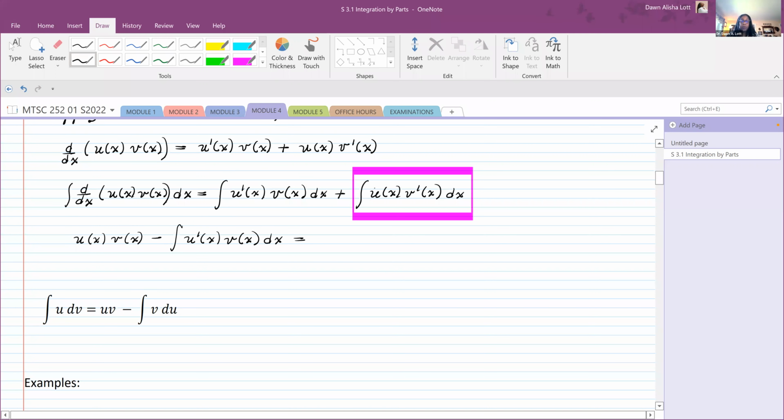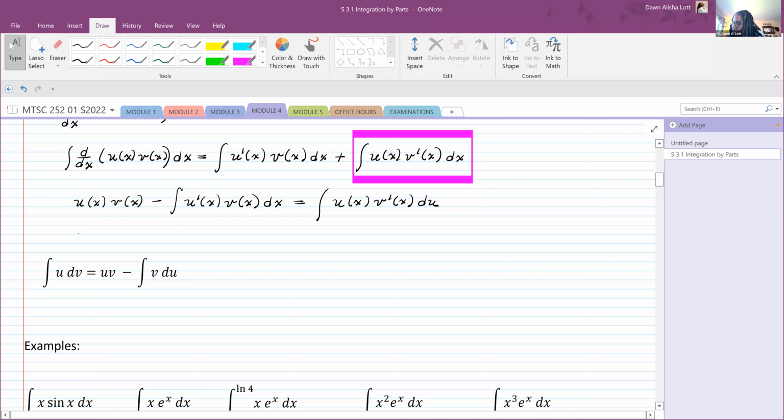And that is equal to what I have in my block, which is the integral of U of X, V prime of X dx. So we're going to actually call this the function U. So I get U times V, if I subtract off the integral of V of X, and I'm going to make this U prime of X dx, I get the integral of U of X V prime of X. And this should still be dx because I haven't switched it to U yet.